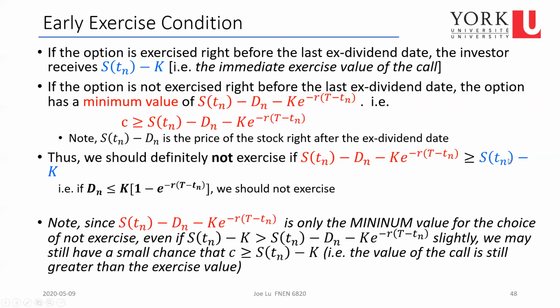So if this blue one is just slightly greater than this red value here, it may not be greater than the actual value of the call. So in that situation, it's still not optimal to exercise the call. But if this blue value is significantly greater than this red value here, then it argues that you should exercise the American call option.